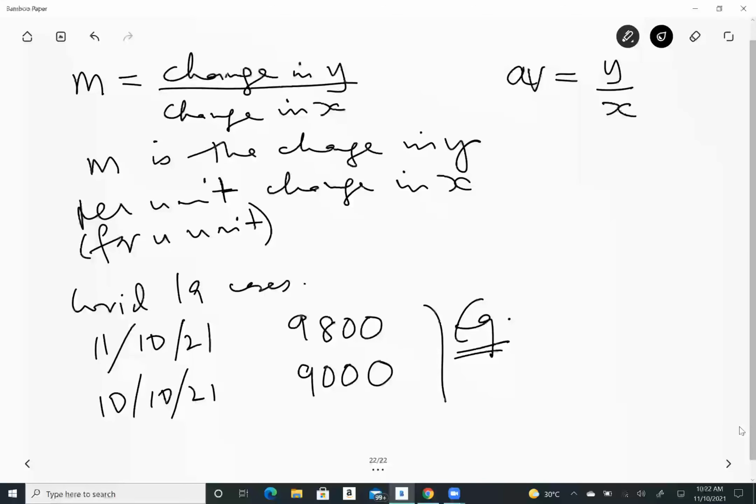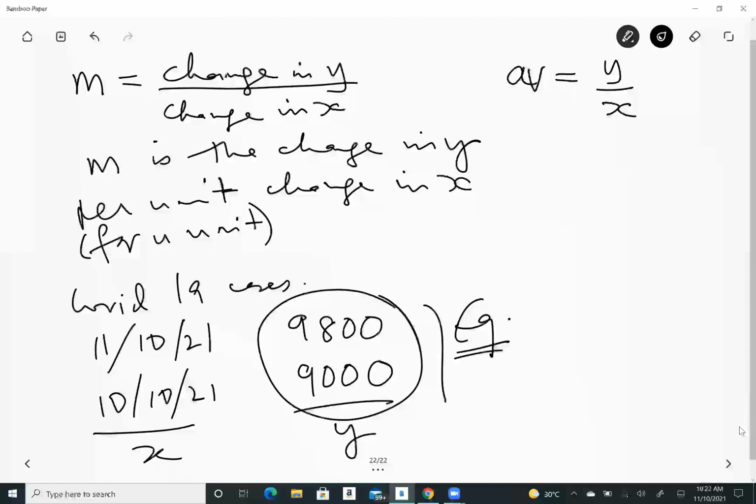So here, the slope gives you the change. Suppose this is the x, that is the y. The change in the COVID-19 cases, y, per unit change in x. So if you look at the number here, what is the change in y? 800.